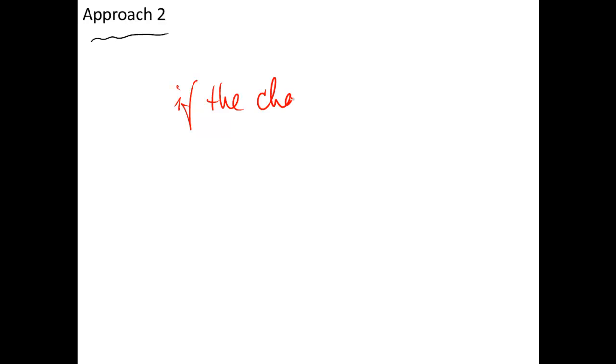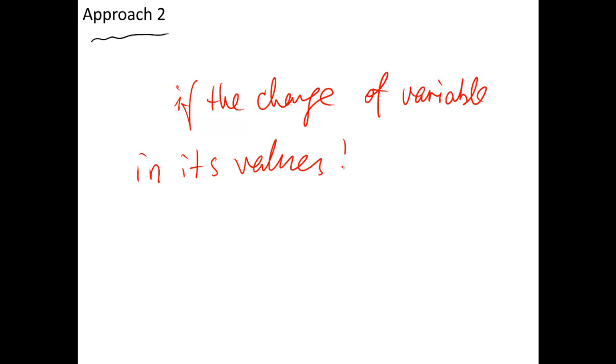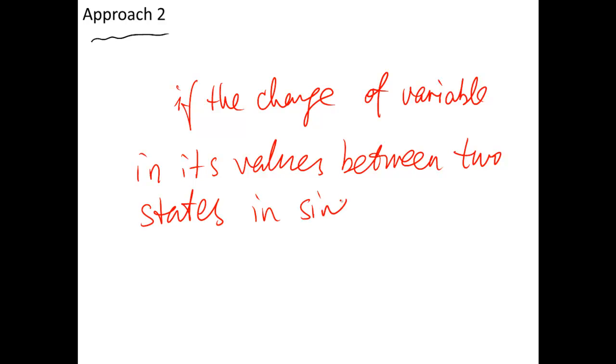If the change of the variable in its values between two states is single valued, then this variable is also a property of state.